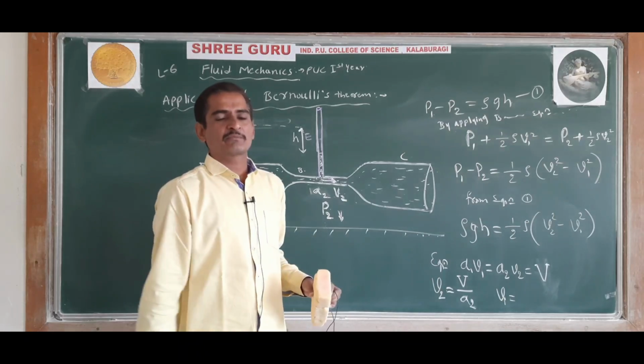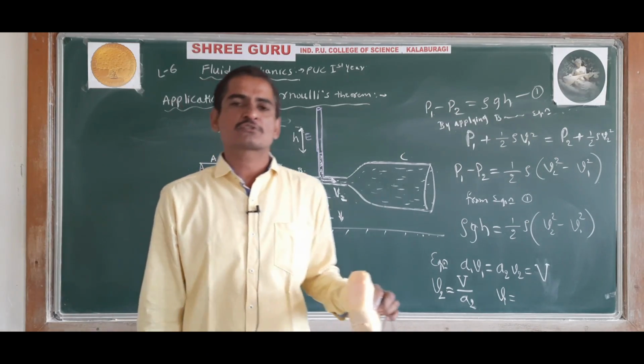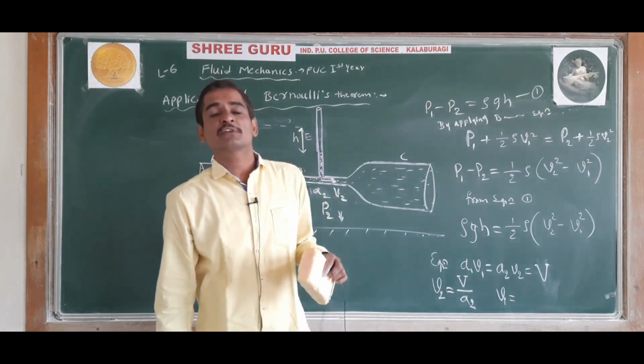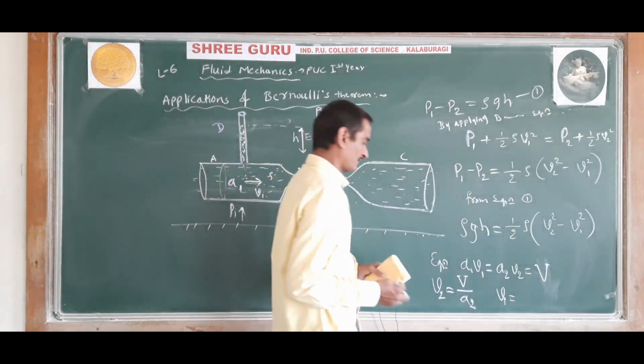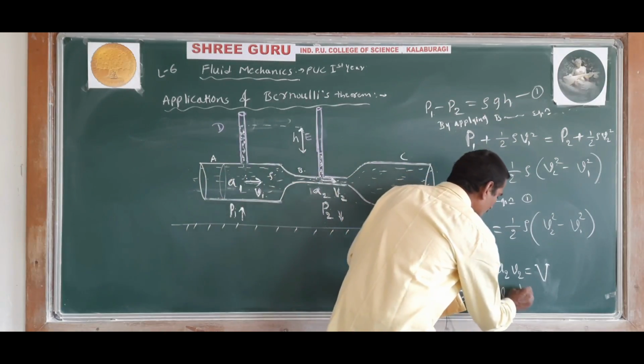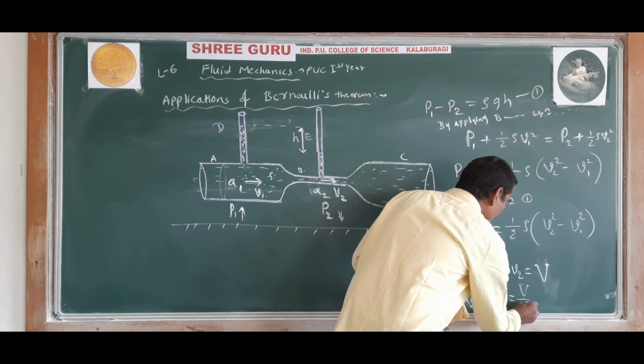See the difference between small v and capital V. Small v refers to the velocity, capital V refers to the volume of liquid flowing per second.